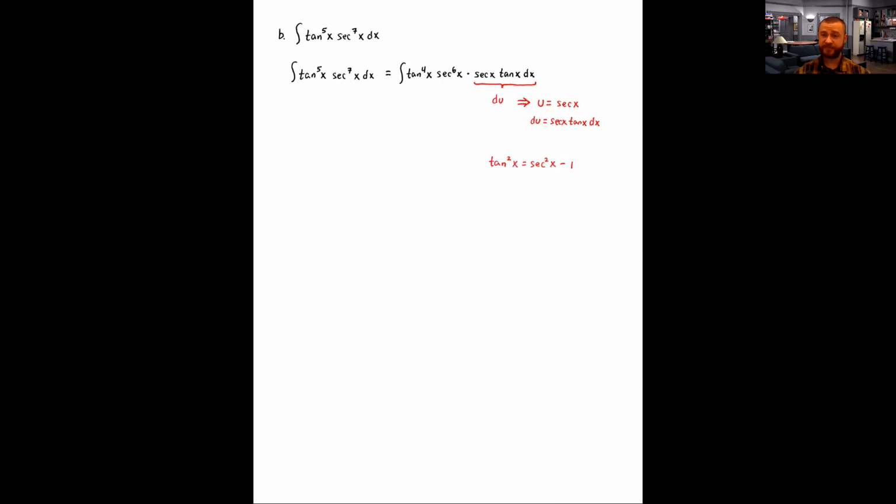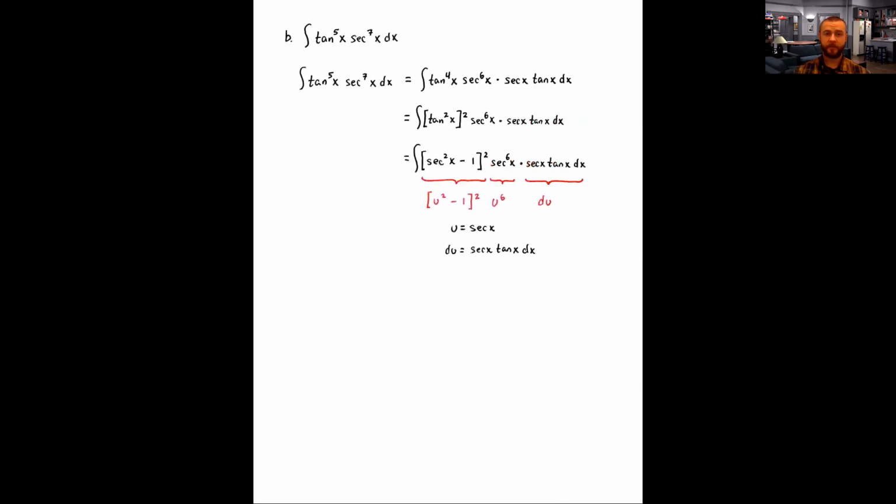All right, if you got stuck on part B, maybe pause the lecture here to complete it. If not, we'll proceed. I realize these secant tangent integrals are certainly a lot trickier. So let's continue. We apply our Pythagorean identity first by rewriting tangent to the 4th as tangent squared squared.